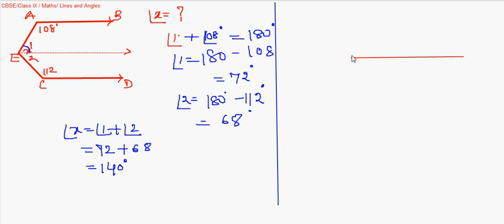Then I'll read the question. This is A, B, C, D, E, P, Q. This is F.